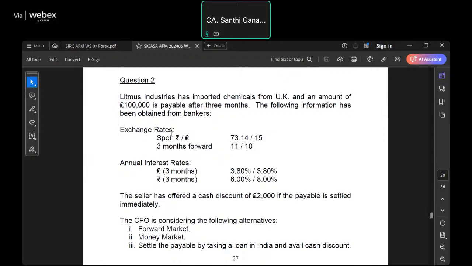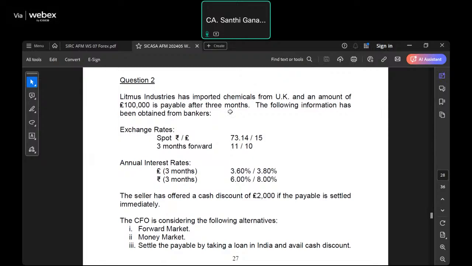If you go for a forward, again, the question of swap points. What is it? High, low, which means the base is at a discount. So you have to deduct it. So deduct the swap points, get the forward rate.